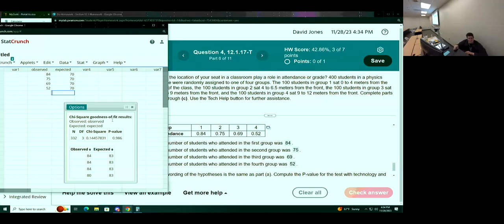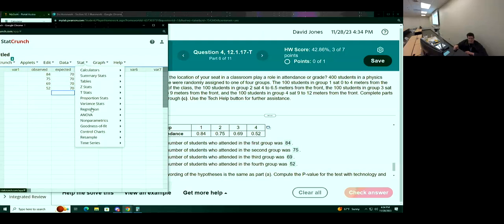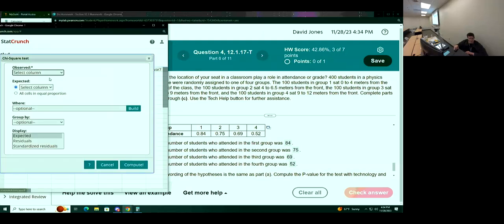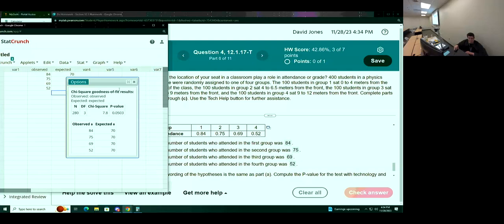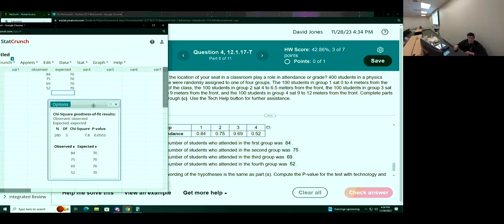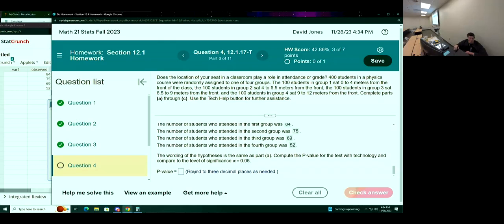So there's a lot of deviation here. I suspect when I do the goodness of fit test now, it tells me that we're going to reject H0. No, it's close. It's close. Look at that. It's really close.